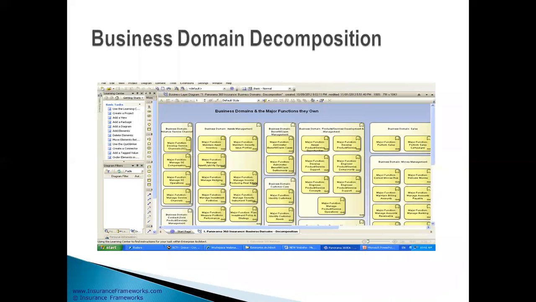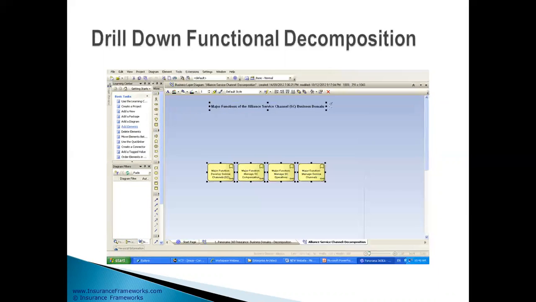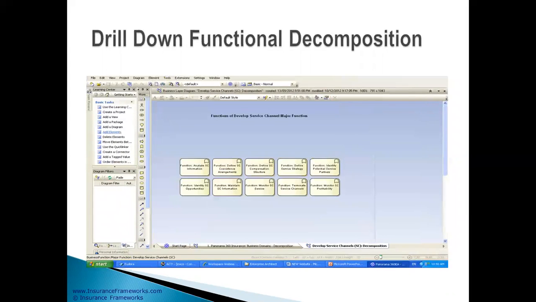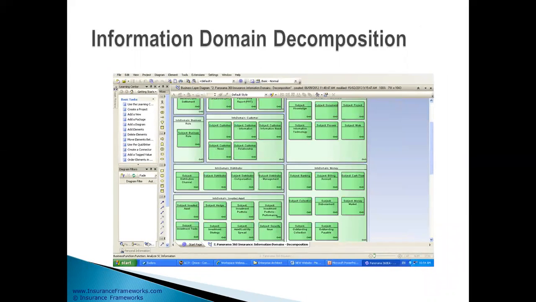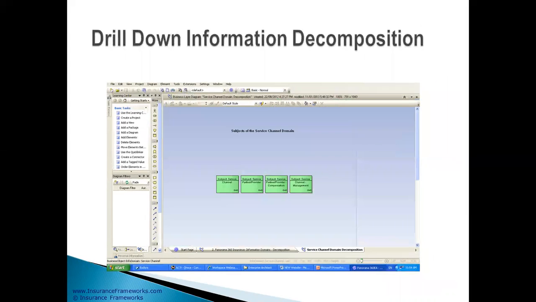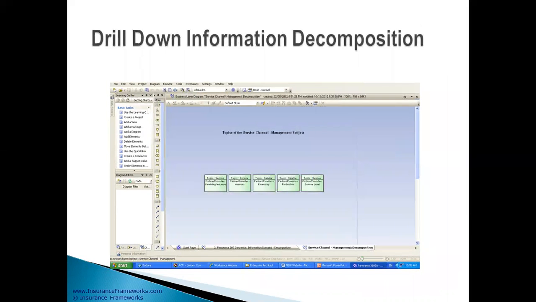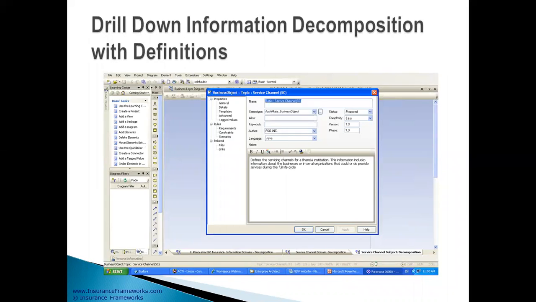So we have here a business domain decomposition from a capability perspective, including definitions. We have it from an information domain decomposition perspective, drilling down with definitions.